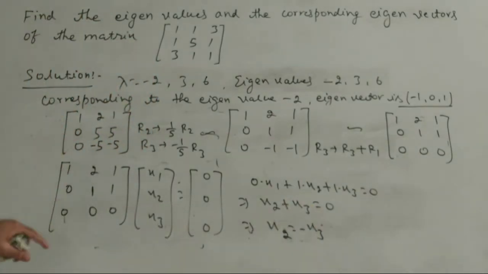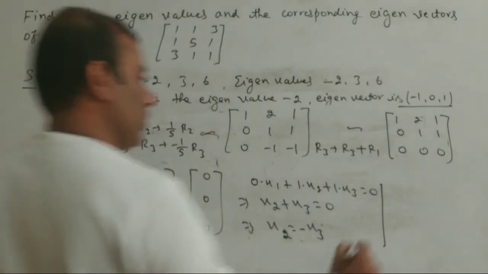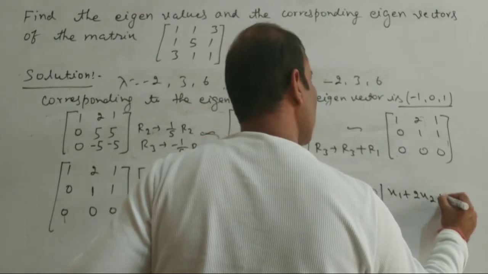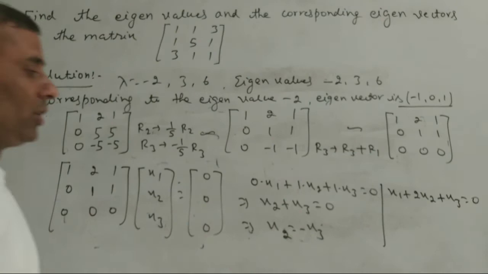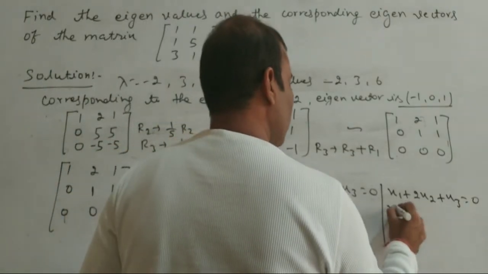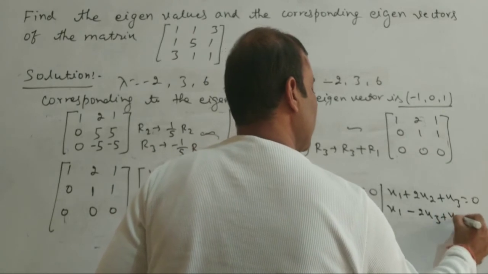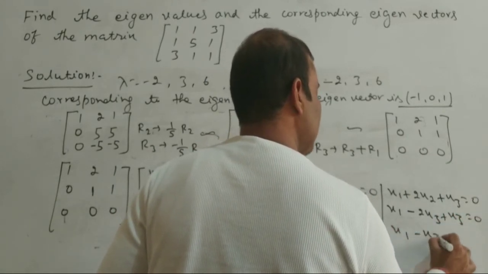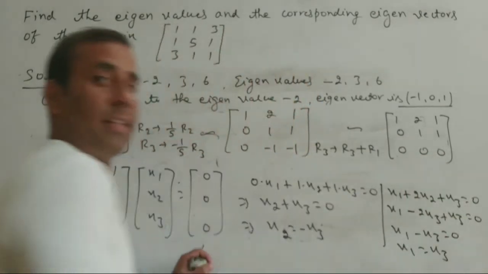Next, from the first equation, that is 1 into x1, x1 plus 2x2 plus x3 equals 0. Putting the value of x2, that is minus x3, this is minus 2x3 plus x3 equals 0. So x1 minus x3 equals 0, that is x1 equals x3.